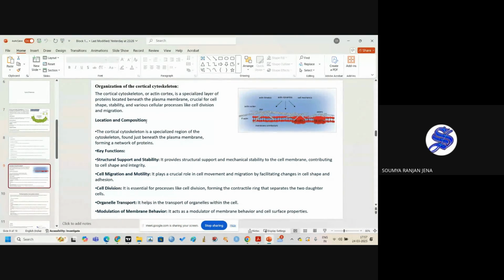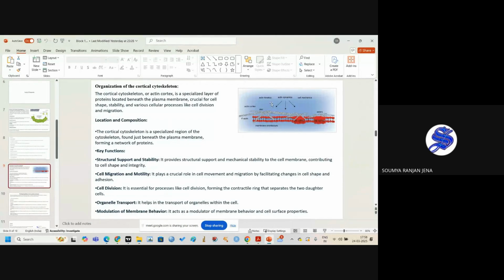The location and composition of this cortical cytoskeleton is a specialized region of the cytoskeleton found just beneath the plasma membrane, forming a network of proteins, and these proteins are bound to the plasma membrane to retain its shape.